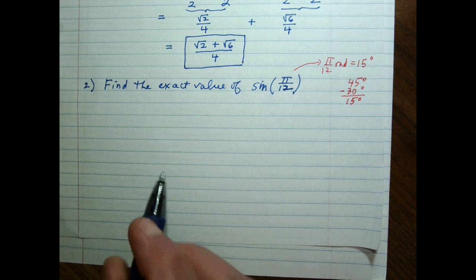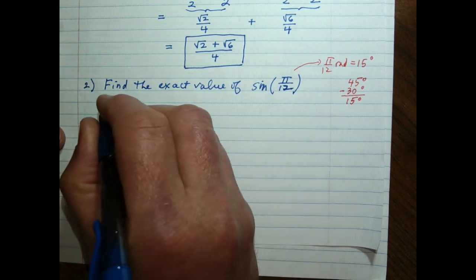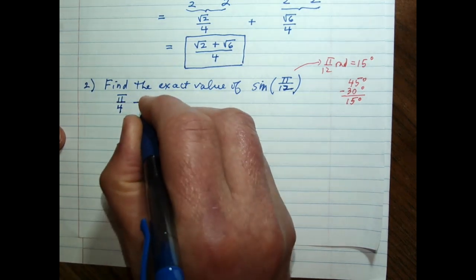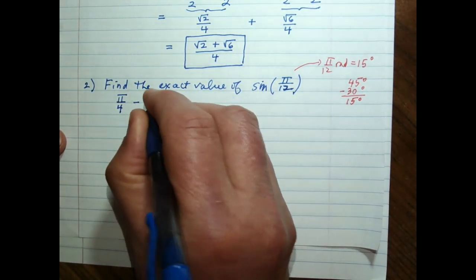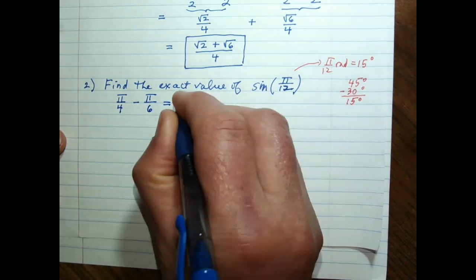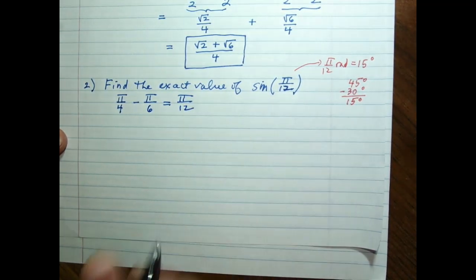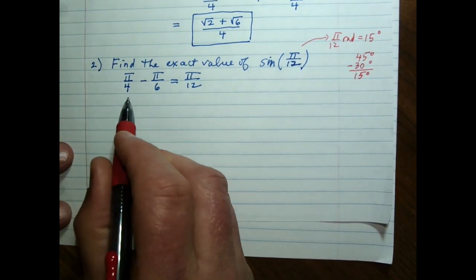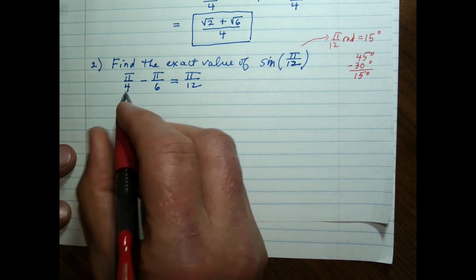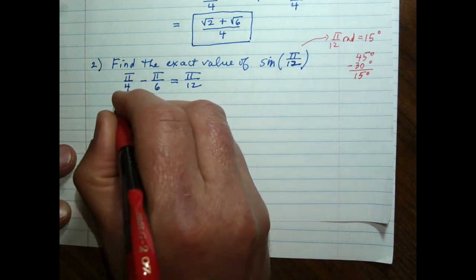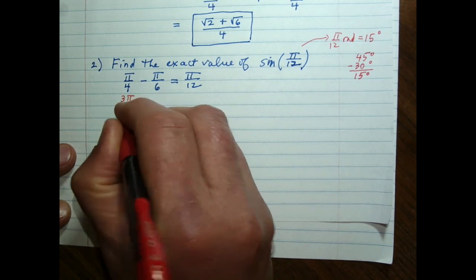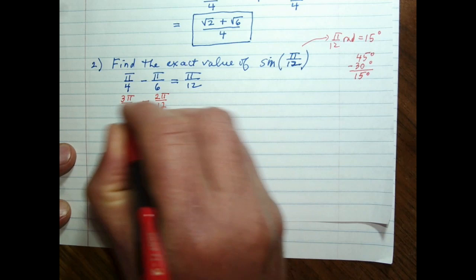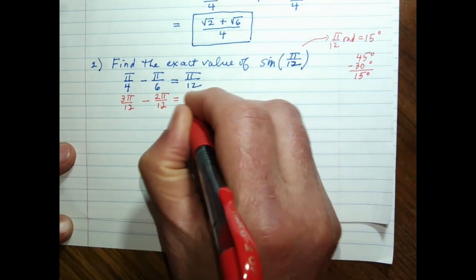So I can observe that 45 degrees, that's pi over 4, minus 30 degrees, which is pi over 6, is equal to pi over 12. And you don't have to jump right to this form. You can think in terms of common denominators, because pi over 4 is like 3 pi over 12. Pi over 6 is 2 pi over 12. 3 pi over 12 minus 2 pi over 12 is pi over 12.